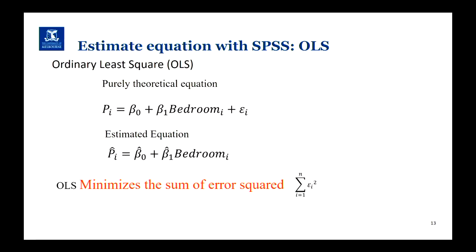So it's like they try maybe different beta 0 or beta 1, and then they will generate different epsilon_i, and then different sets of errors, and then they will choose the estimator which generated the lowest value of the sum of squared errors.